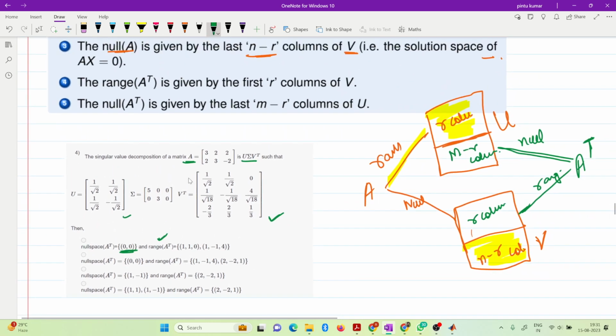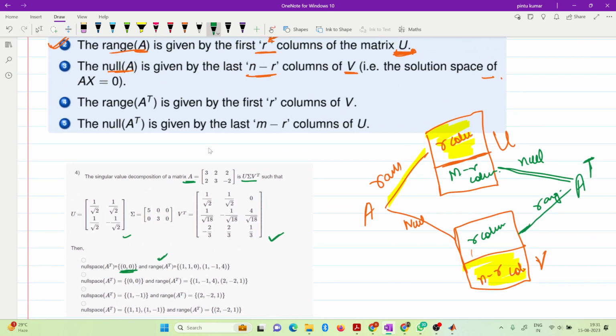Looking at this carefully, the null space of A transpose is the last M minus R columns of U. Now, the null space being 0, 0 means there is no element in it, that is, the dimension of the null space is 0.